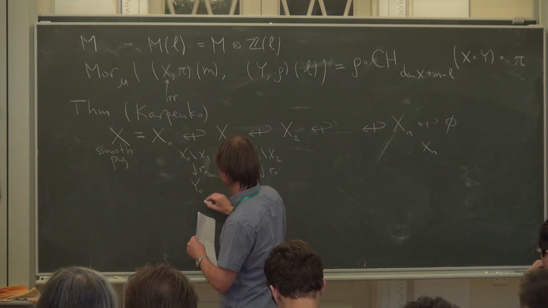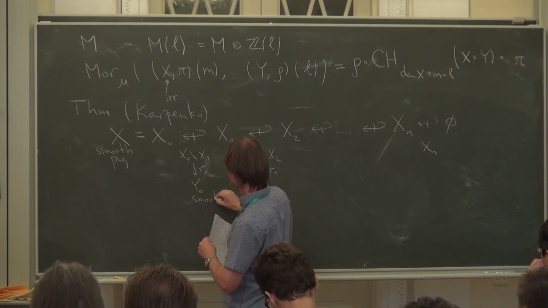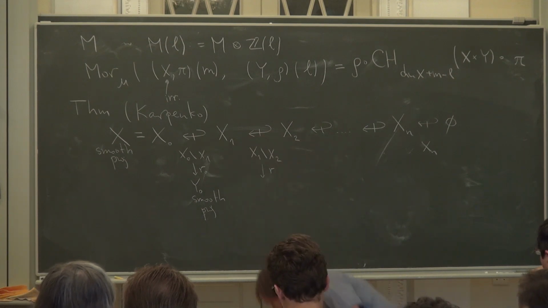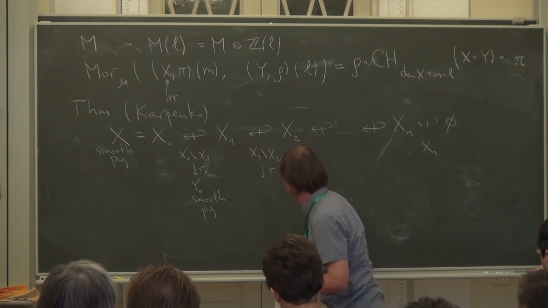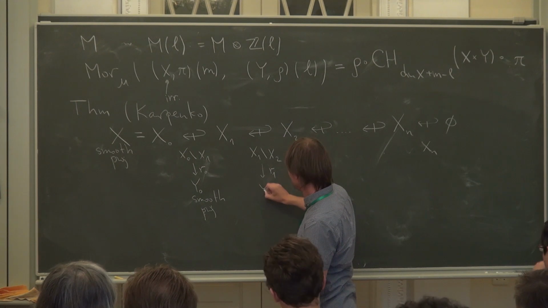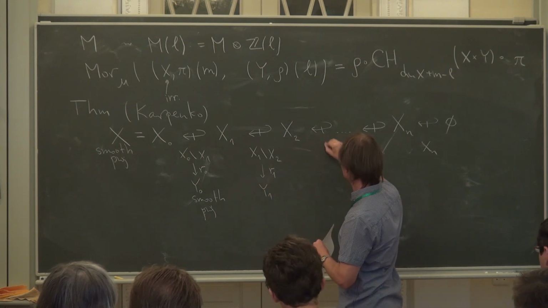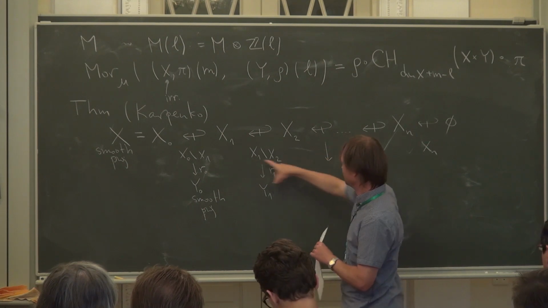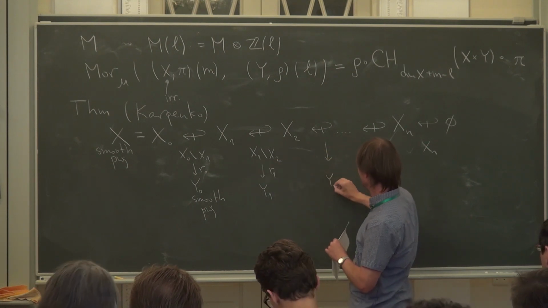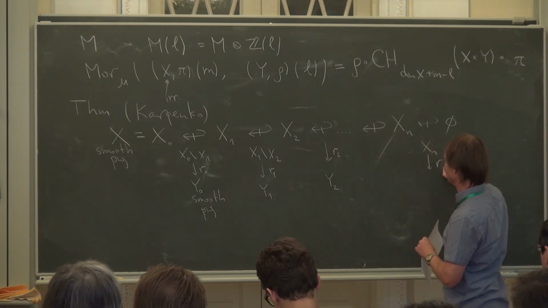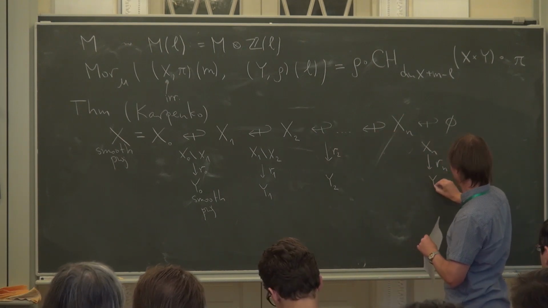Always over some smooth projective variety. So this is R1, and so on. I omit the differences here. So Y2, R2, and here Rn, Yn.